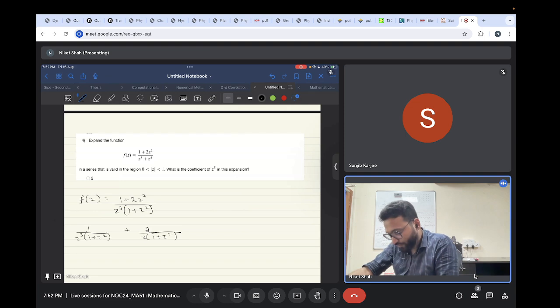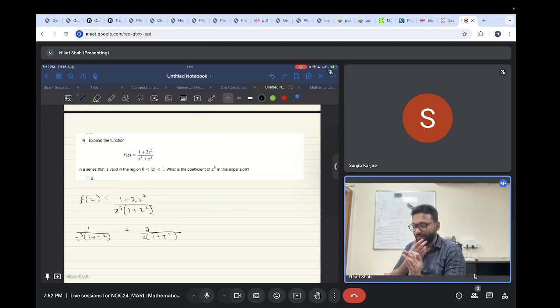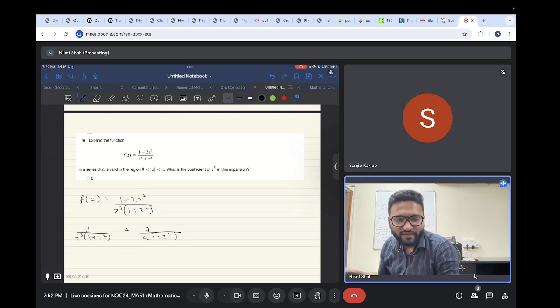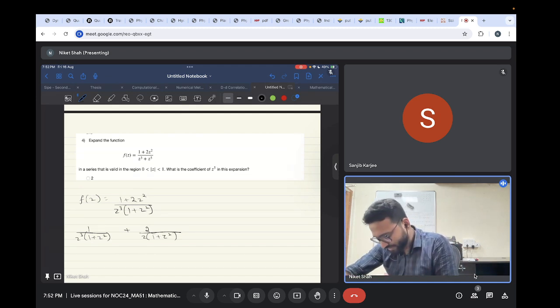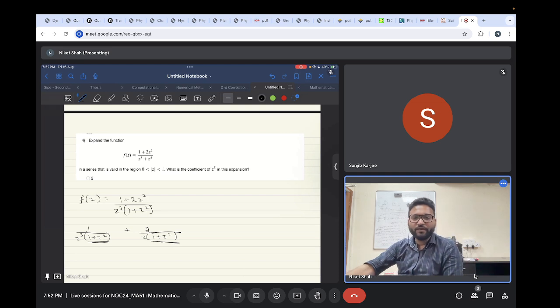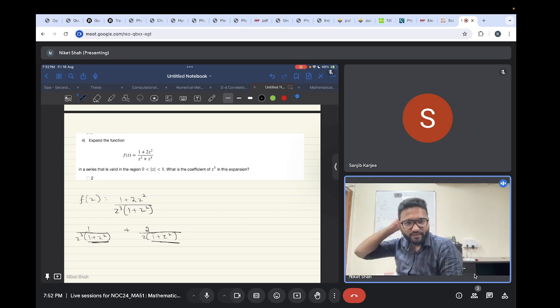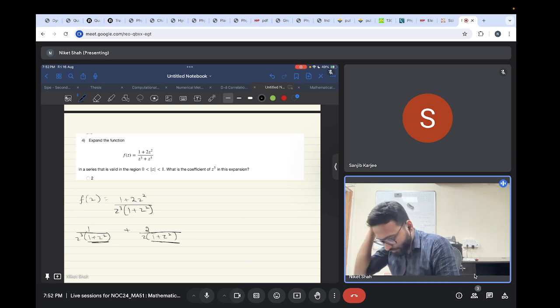Now because we've been told that mod z lies between 0 and 1, mod z is anyway greater than 0. So basically mod z is less than 1. Because we've been told that mod z is less than 1, we can do the simple binomial expansion here for this 1 plus z square thing.